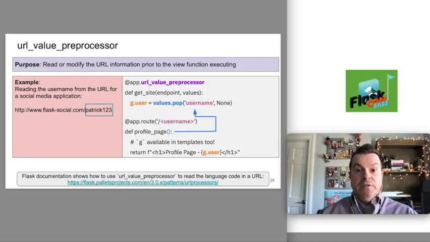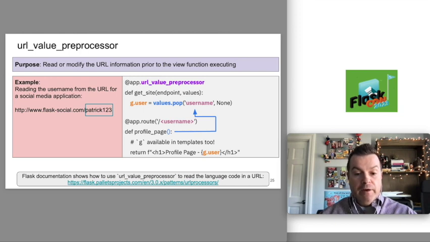Okay, so the first callback that's available is called URL value preprocessor. And the purpose of this callback is to either read or modify the URL information before it actually gets passed to the view function. So the example I show here is, let's say you have a Flask social media application, and you have a route for viewing the profile page of different users.